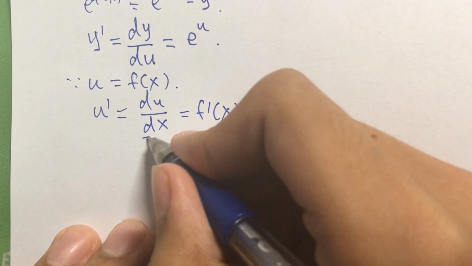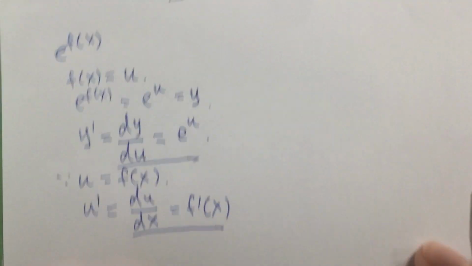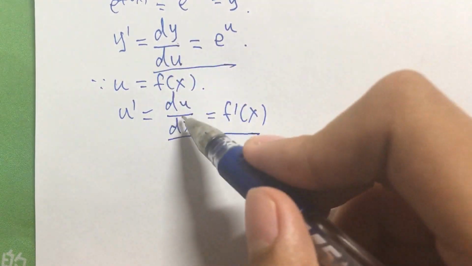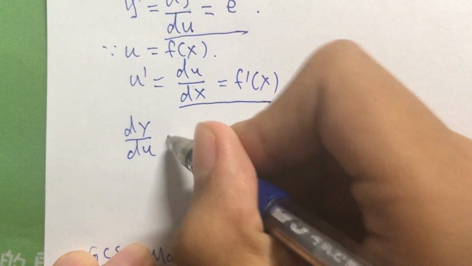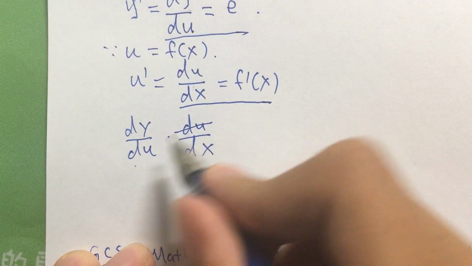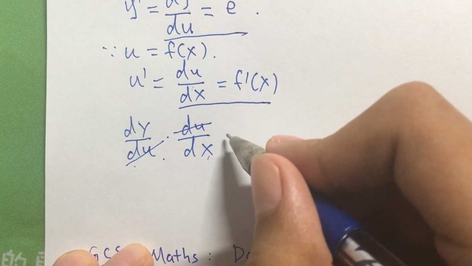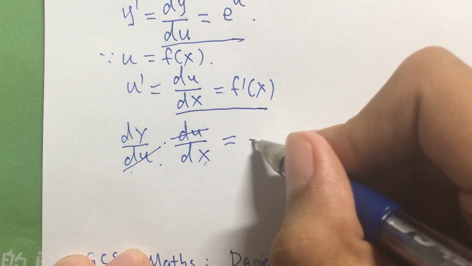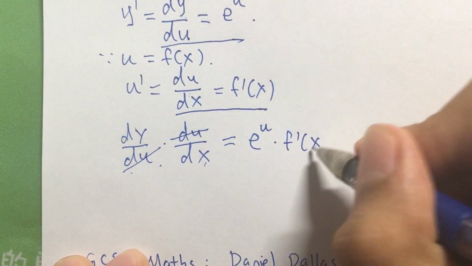So now we have 2 values. According to the chain rule, when we multiply these 2 together, we can cancel out 1 variable. See, du and du, we can cancel both of these. And this is dy over dx, and it is equal to e to the power of u times f dash x.